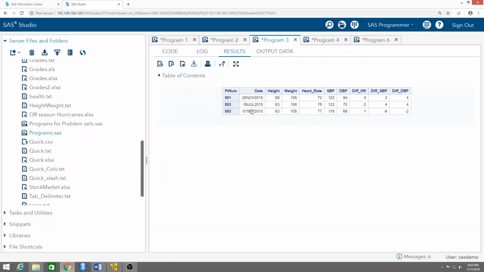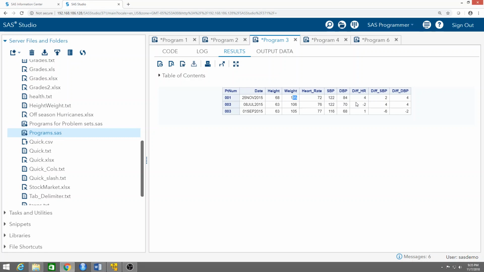Run the program. Now you see, patient 1 was there 2 times, so we have only one difference to compute, right? 2 with 1. So it gives you the date of the second observation, the second time that the patient was there, height and weight, because we kept those variables from the clinic data, and heart rate for the second visit, obviously.